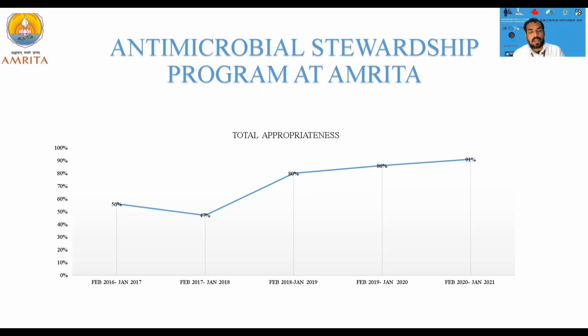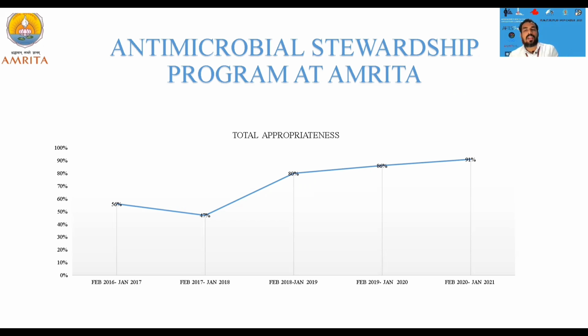So in January, February 2016, you can see we have suggested and the appropriateness started slowly going up. It was 56%, but then next year it fell down to 47%. Of course, there will be resistance, but we have to be persistent.